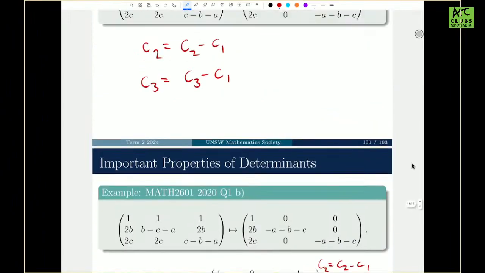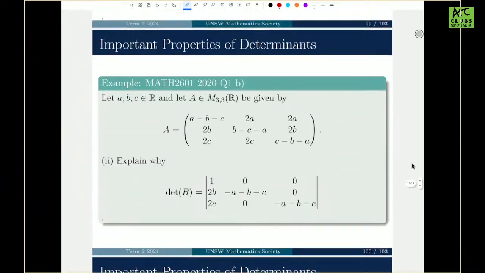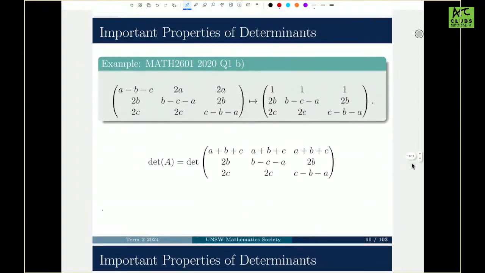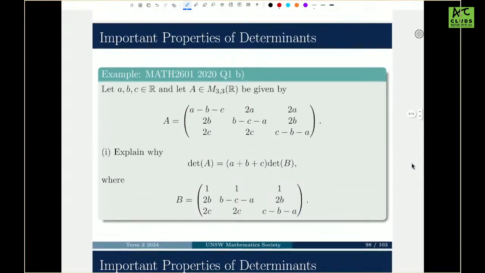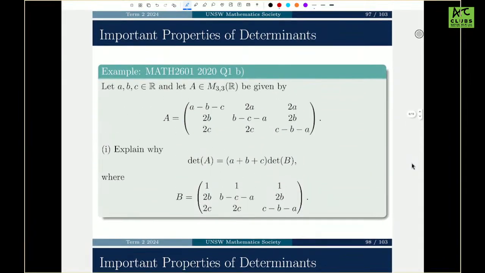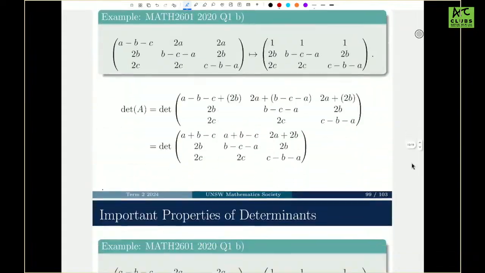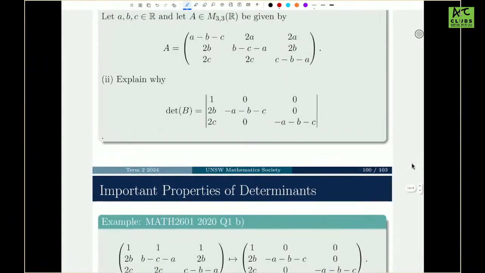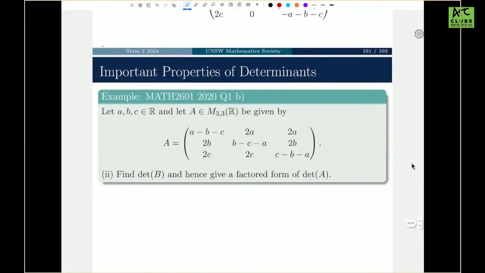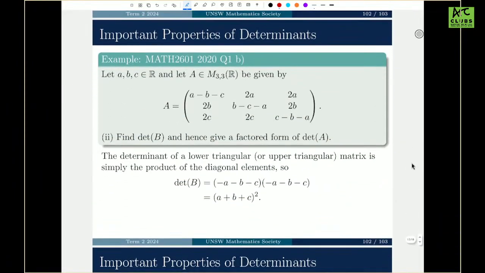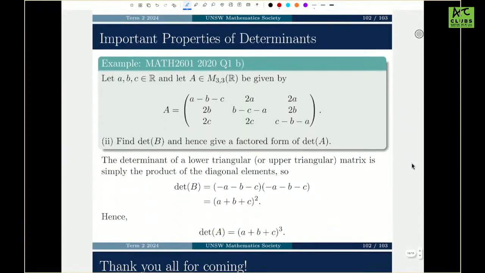In part 1, we deduced that the determinant of A is just A plus B plus C times the determinant of B, which is this property here. And we've just worked out that the determinant of B is A plus B plus C all squared. So yeah, we end up with the determinant of A is just A plus B plus C all cubed. Yeah, and that's how you solve that problem.